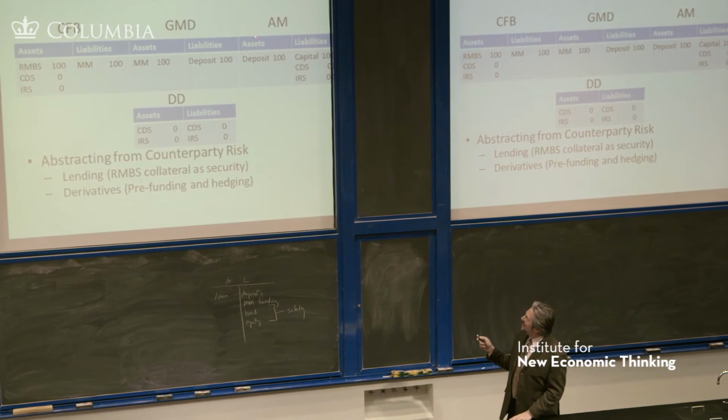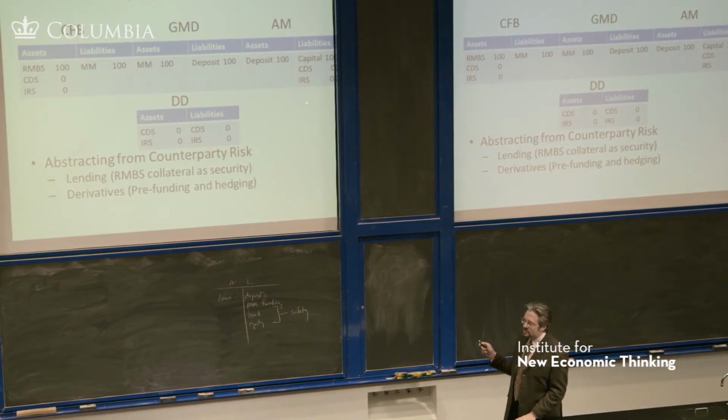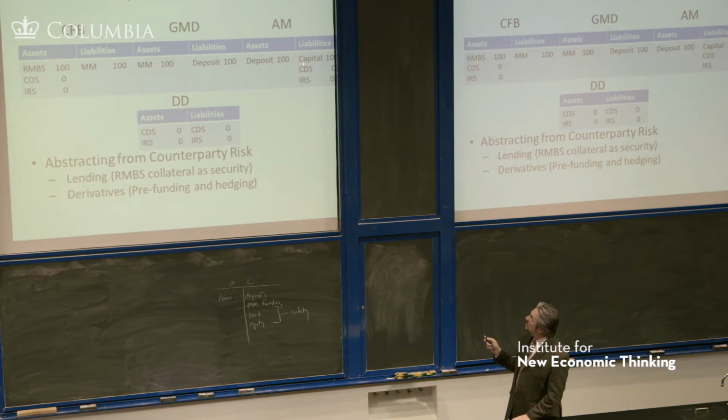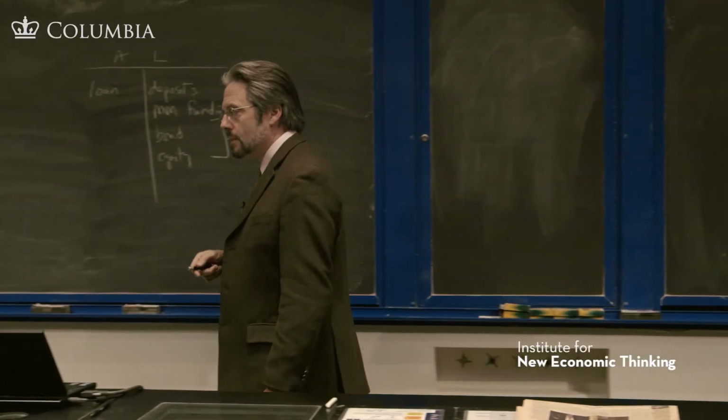And similarly, this asset manager has capital adequate to pay, even if the worst case that these residential mortgage-backed securities went to 0, that just means that the poor pensioners, okay, lose all the money. It's the capital of the asset manager here. So there's no counterparty risk in this model.